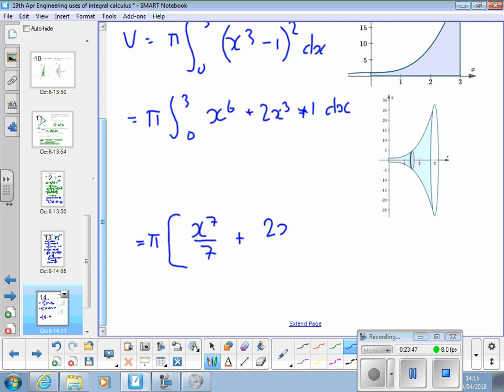That's 2x to the 4, correct. Divide by the new index, yeah, and then you can cancel that and make that 2. Don't have to do that, but that's just, yeah. Alright, same thing. So if you've got it as 2x to the 4 over 4, no problem, same thing. Alright, plus x between 0 and 3.